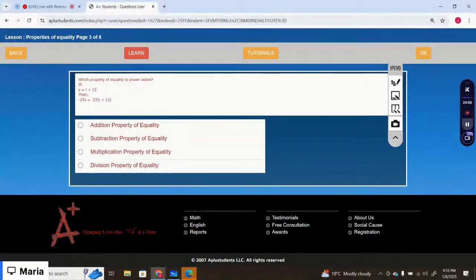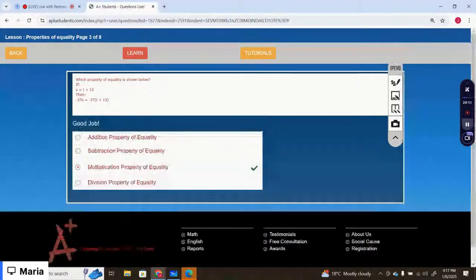You are going to multiply the value of s with negative 27, right? So then that is the multiplication property of equality. Option number C, 3 is the correct option.